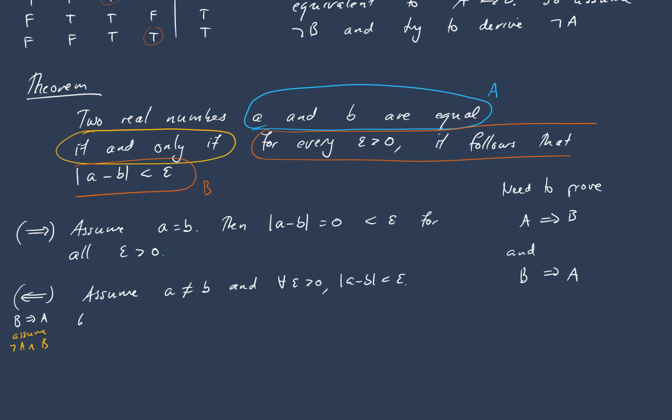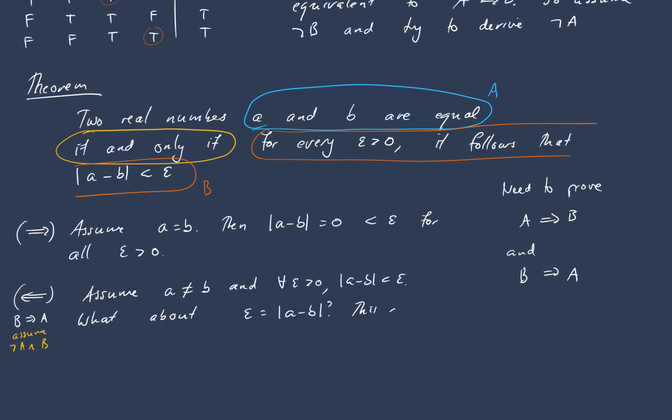Okay, well, what about epsilon equals the absolute value of A minus B? Well, there's a problem here. A and B are not equal, so this is greater than 0. But the absolute value of A minus B is not less than epsilon, because we've just set it equal to epsilon.